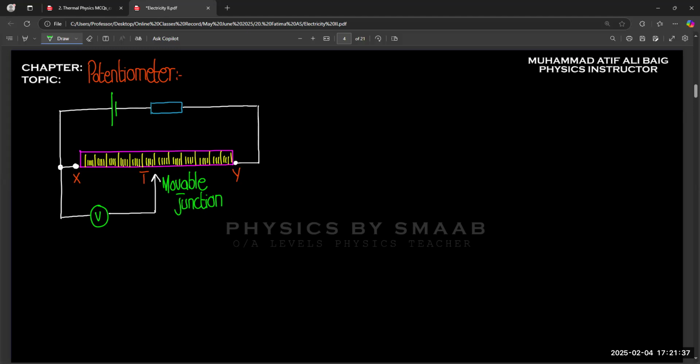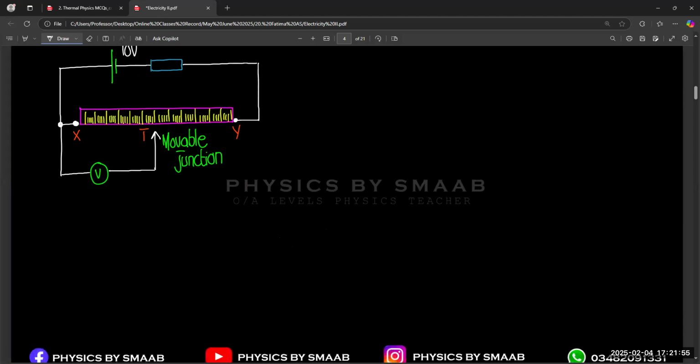And let's suppose in this whole setup we are using a value of 10 volts, so EMF is equal to 10 volts. On the left hand side, at point X, voltage is 0, as X is equal to 0.